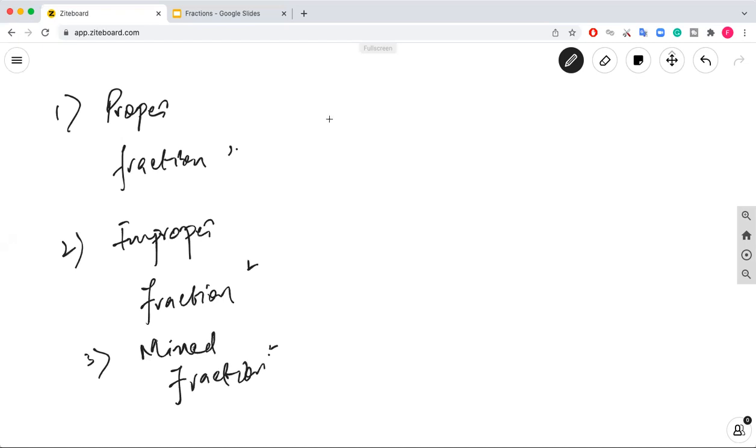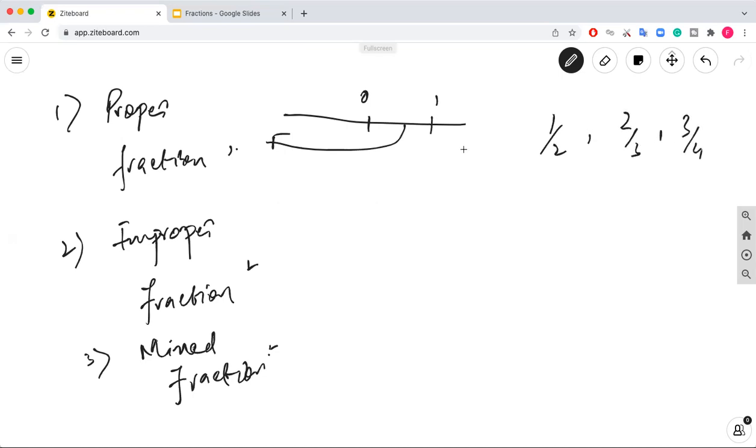If the value of the fraction lies between 0 and 1, such a fraction will be a proper fraction. For example, we have 1/2, 2/3, 3/4. In this case, our denominator must be greater than the numerator, right? This is the first type of fraction.